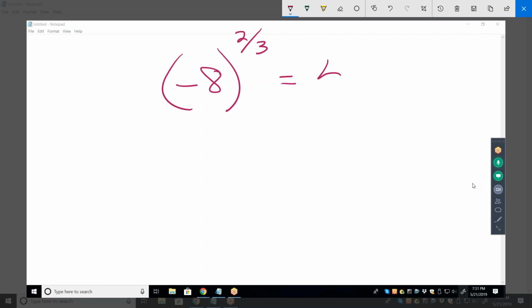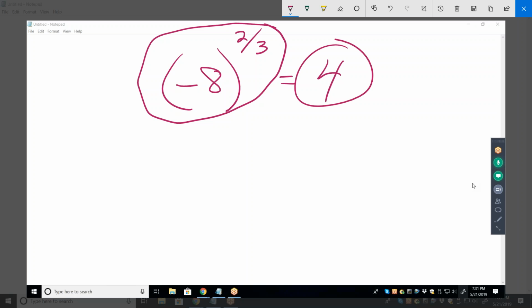4. Looks simple enough. Are you familiar with Wolfram Alpha? No. It's considered almost the highest math database in the world. Put that in Wolfram Alpha, you do not get 4. You get 1 plus 3 point something times i, an imaginary number.